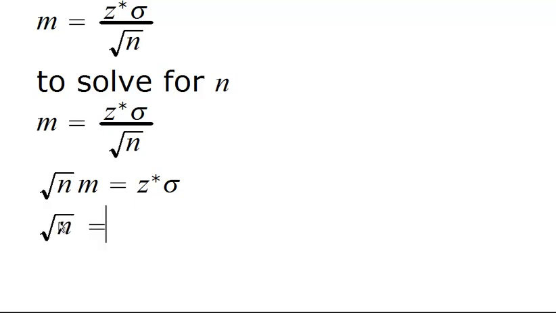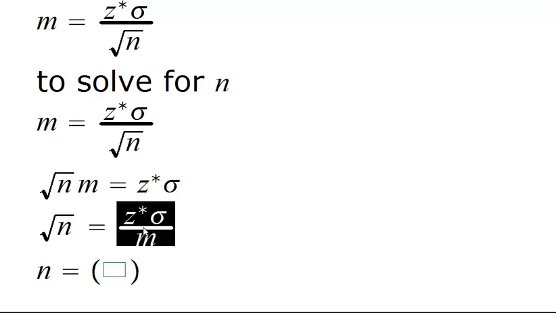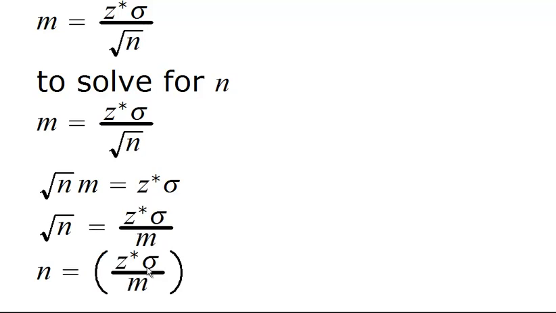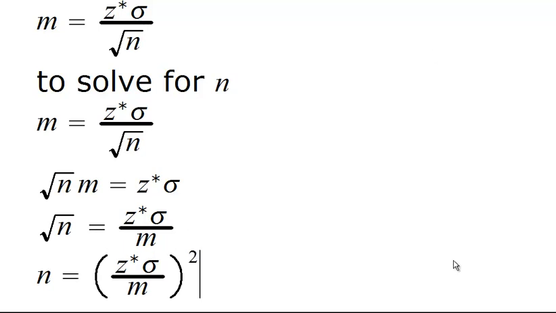So we get square root of n equals z star sigma divided by m. If we want to obtain our n, we simply square this quantity. This will be our equation to determine the required sample size for our calculation.